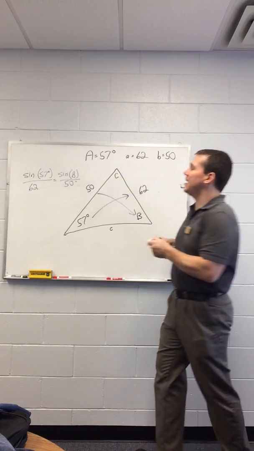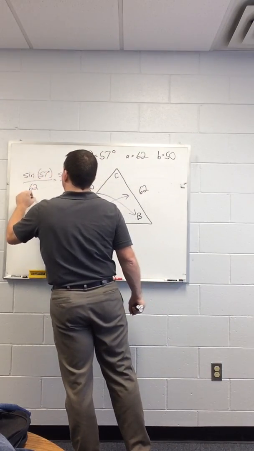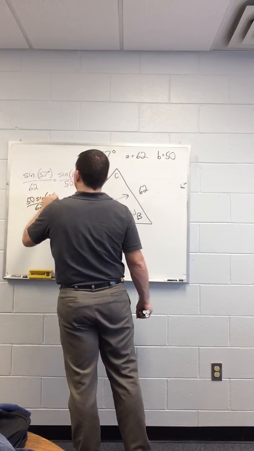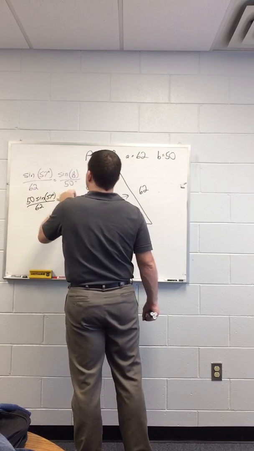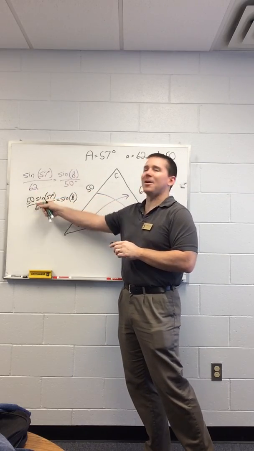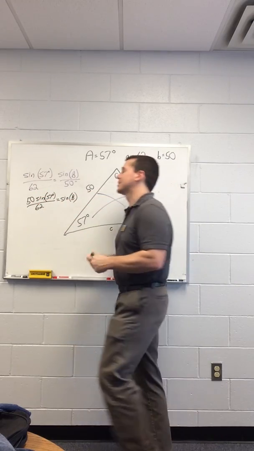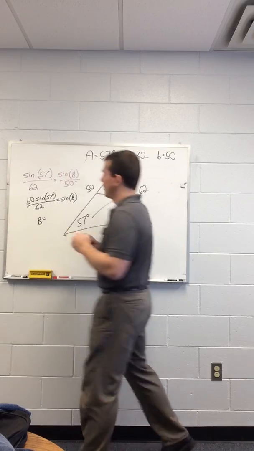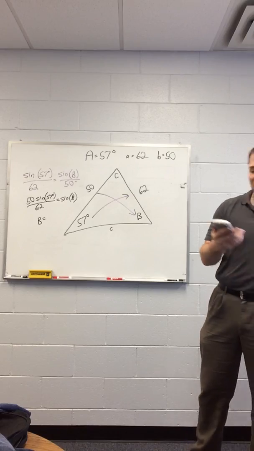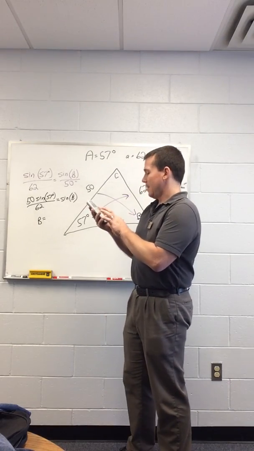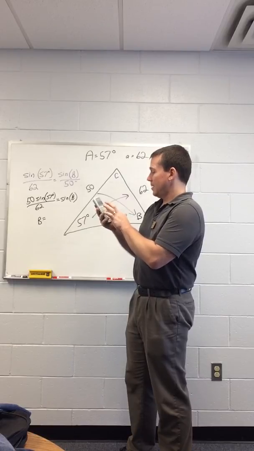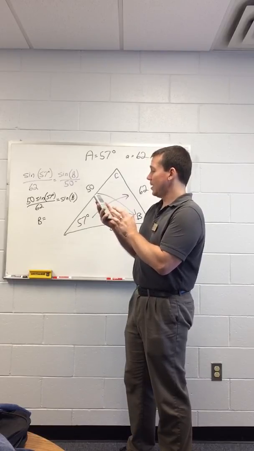Now solve for sine of B. Multiply the 50 over, and you get 50 sine 57 degrees over 62 equals sine B. To get B out, multiply all this out, throw it into your calculator, and take the sine inverse to see what we get for angle B. All of you can hit the buttons on the calculator, so I'm just going to throw it into mine. 50 sine 57 divided by 62.